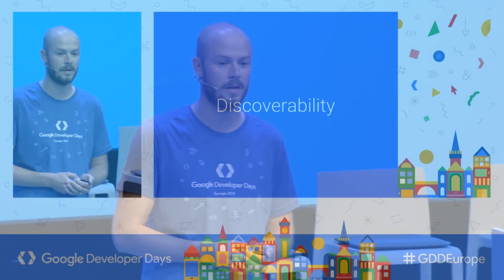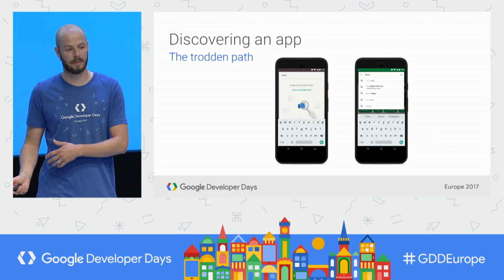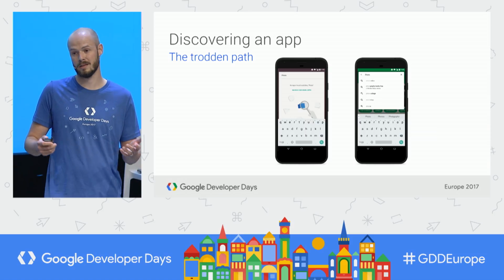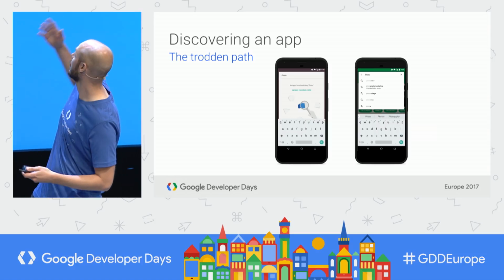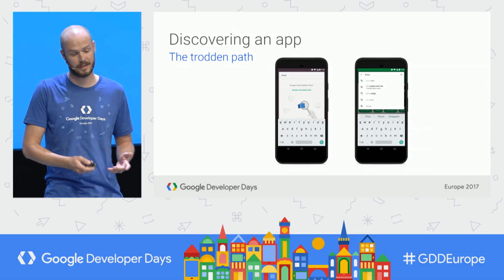First off, discoverability. Discovering an app sometimes can take a little bit of time. What happens every now and then is you find an app either by browsing the Play Store, or somebody recommends it, or you literally just search for that and specifically find it, either with the Pixel launcher or in another way.